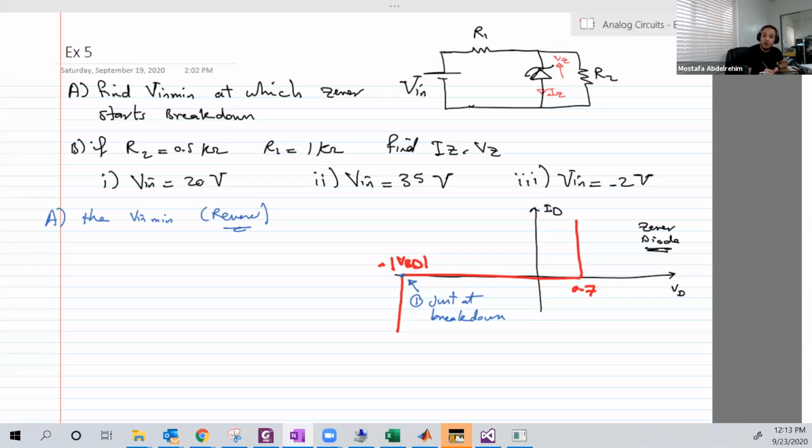By the way, breakdown is an on state. So this is on. This is also on, but in reverse. I mean, the polarity, both voltage and current, are negative. Here, in this part, both current and voltage are positive. And in between, it's off.